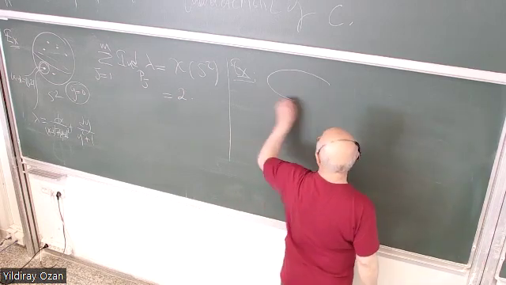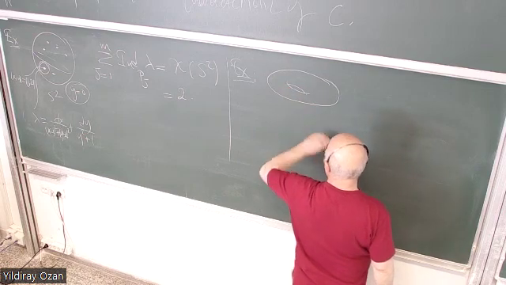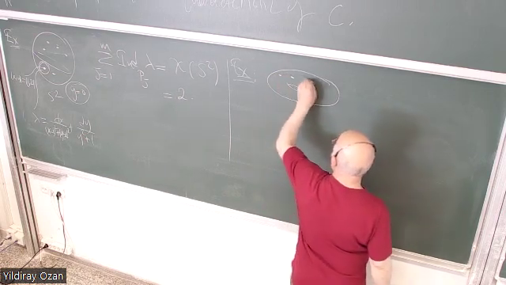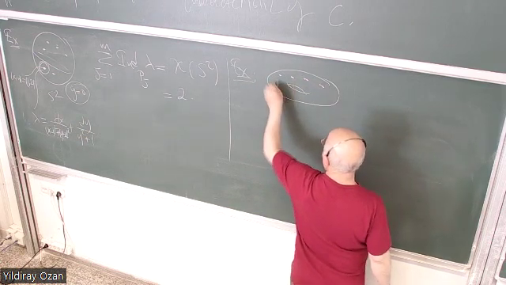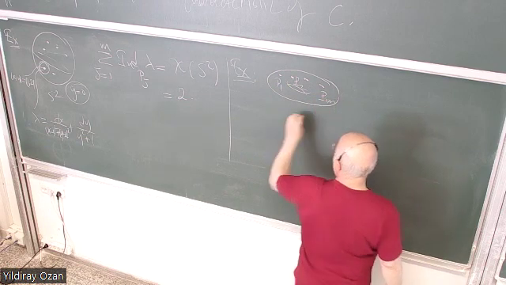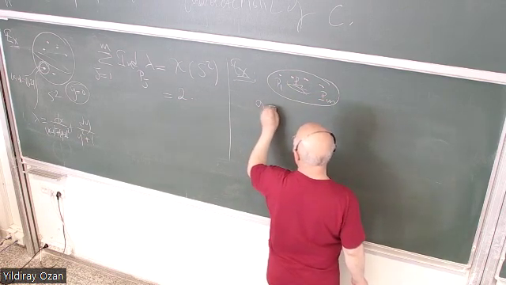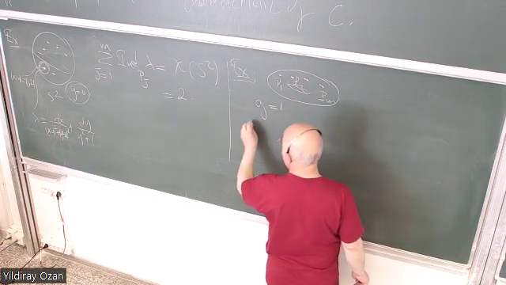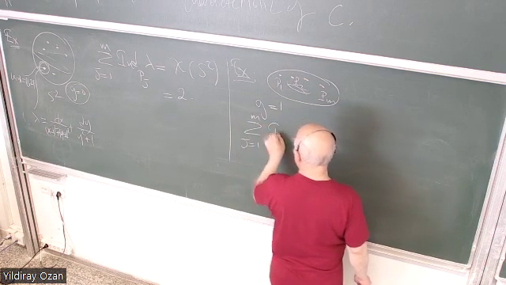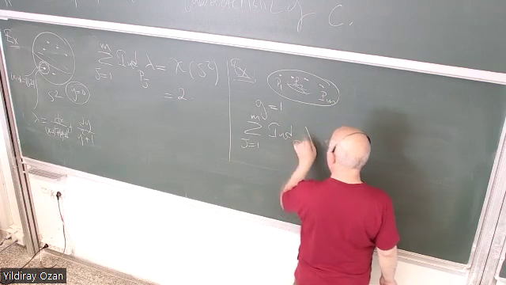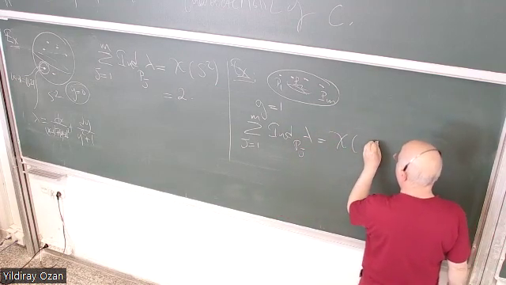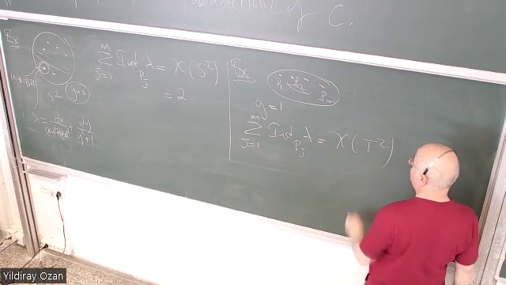If your surface is like this, P1, P2, Pm. So this is a torus. It has genus 1, and the sum of the indices this time is just the Euler characteristic of the torus.